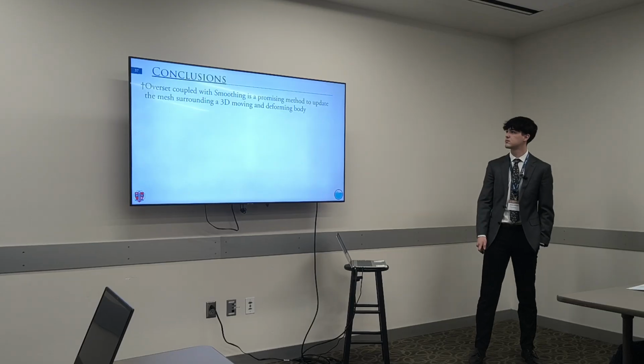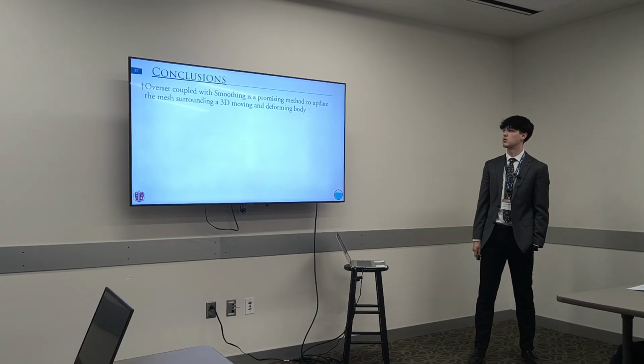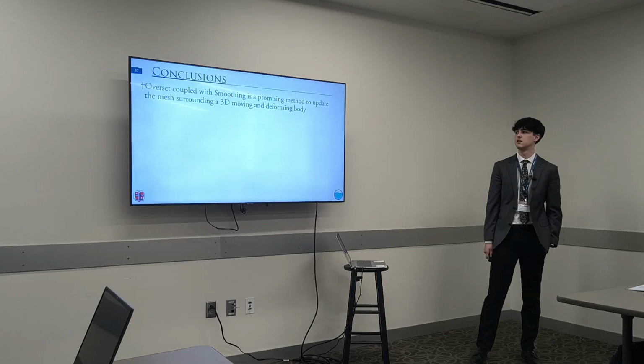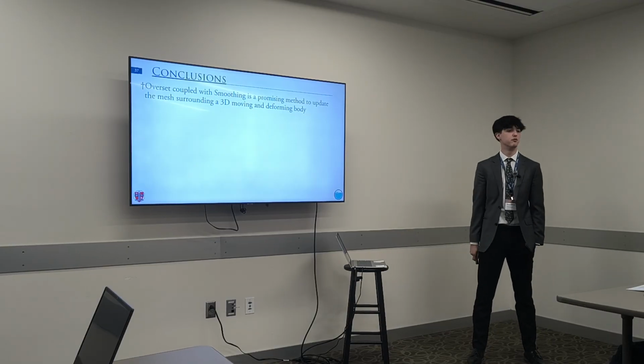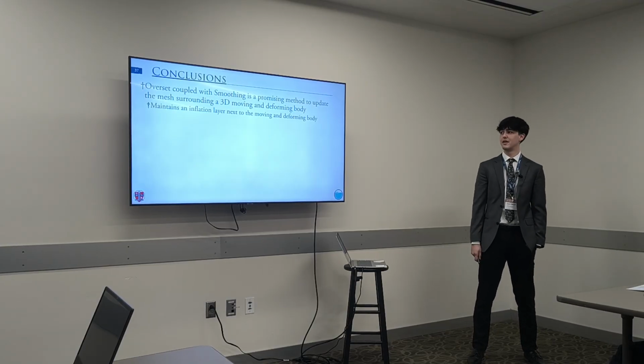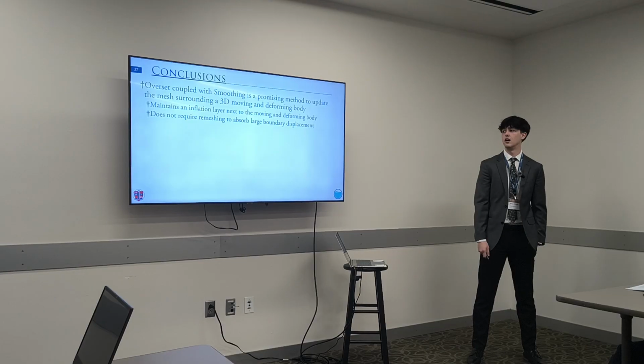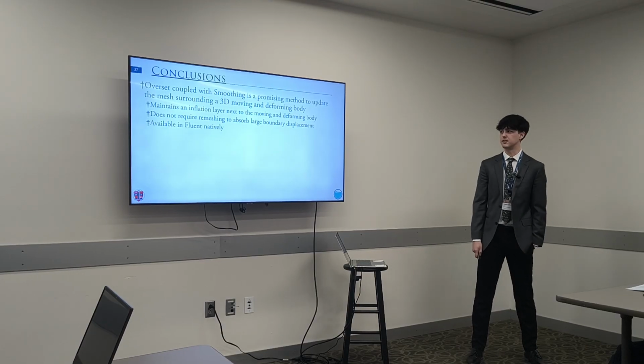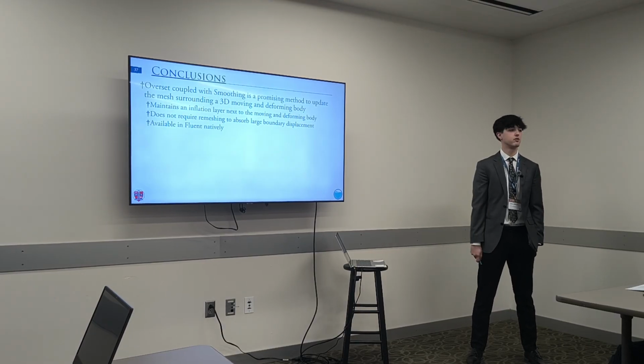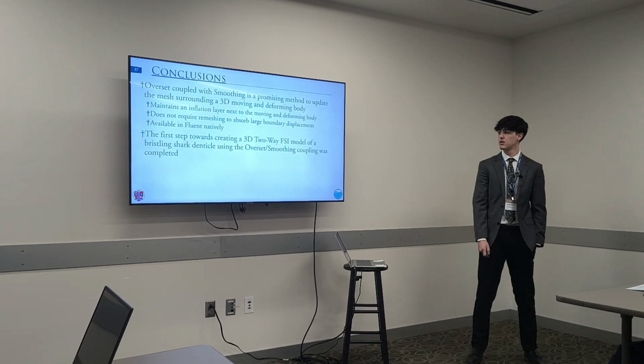So to conclude, our overset coupled with smoothing is a promising method to update the mesh surrounding a 3D moving boundary. It maintains an inflation layer next to the moving and deforming boundary. And it does not require remeshing to absorb large boundary displacement. This is also available in Fluent natively, which makes it very easy.